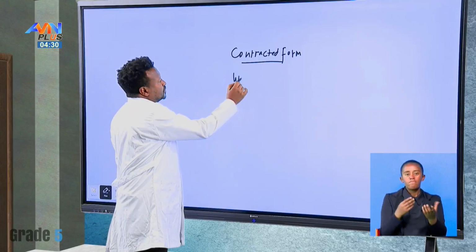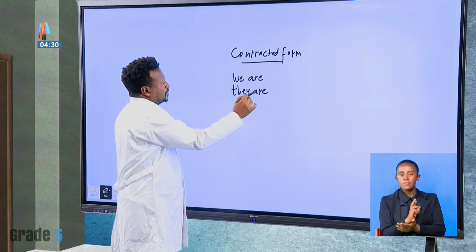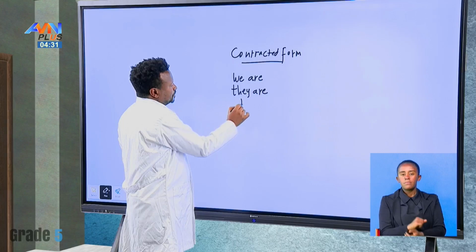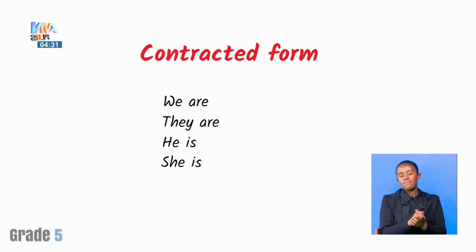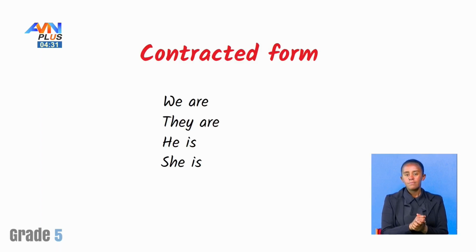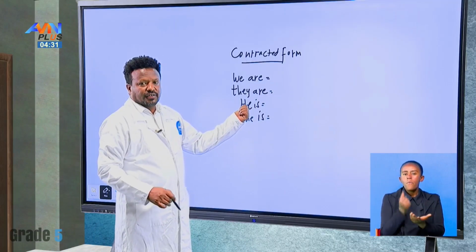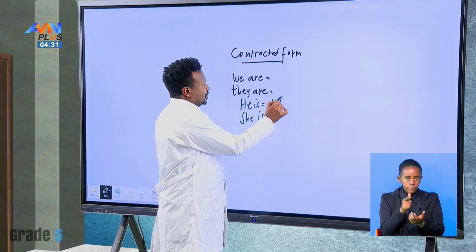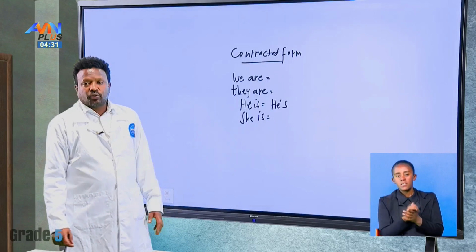For instance, we are, they are, he is, she is. So can you try to contract these forms? Let me give you one of them and you will try the rest, okay? For instance, he is. You can say he's. This is the contracted form of he is. What about the rest? Would you try?